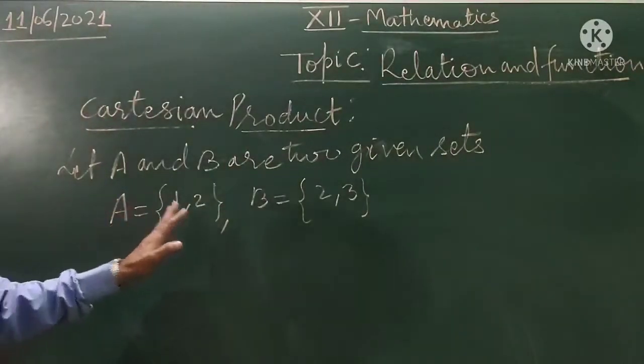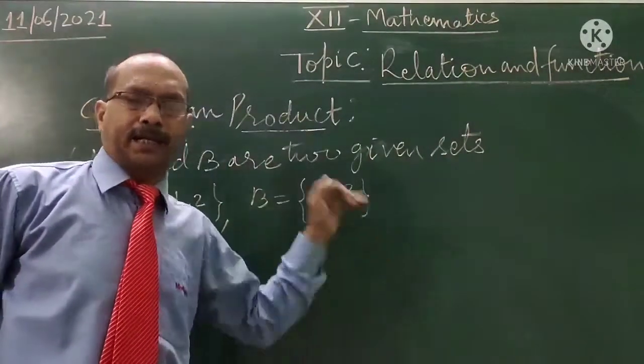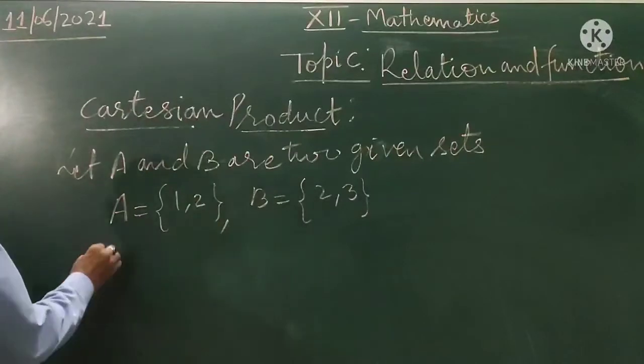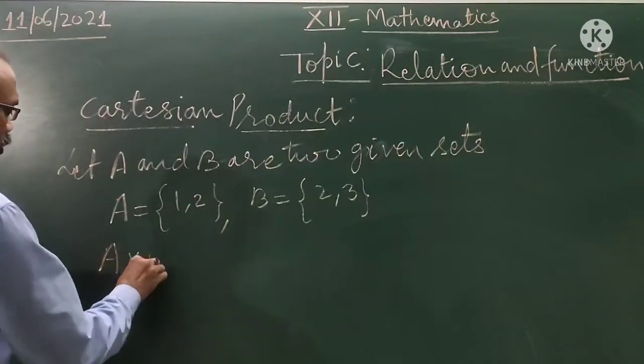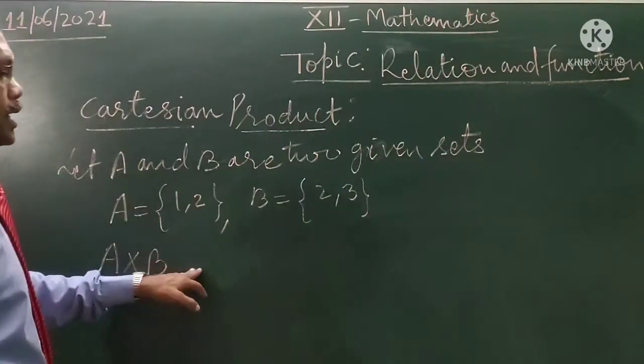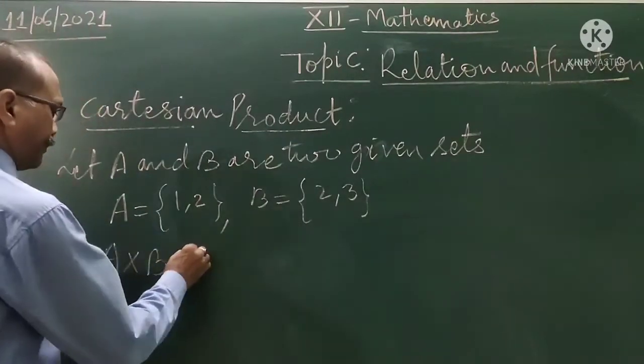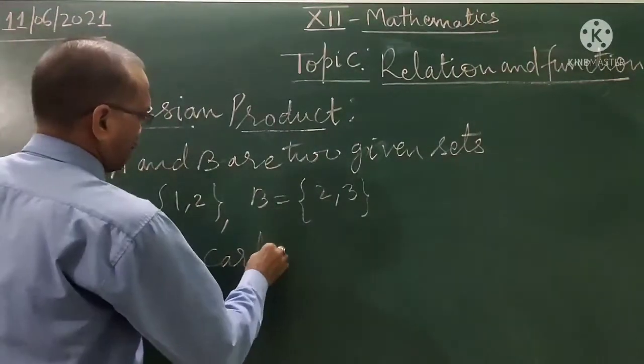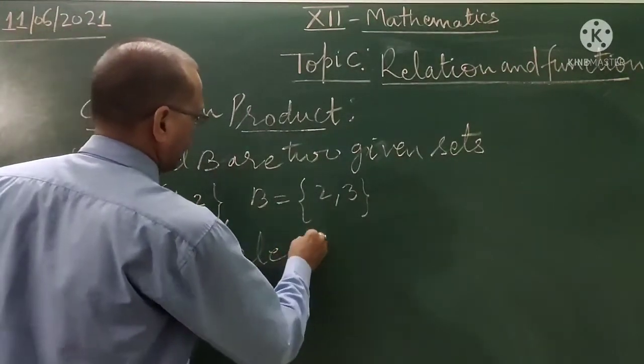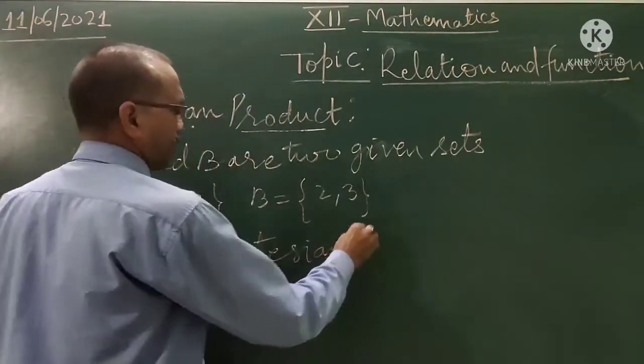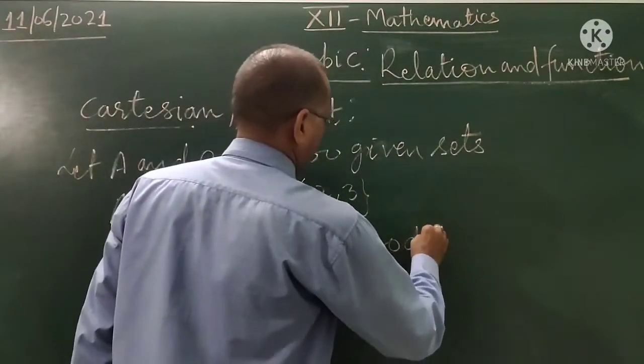There may be any number of elements in the set. Then A cross B is called the Cartesian product.